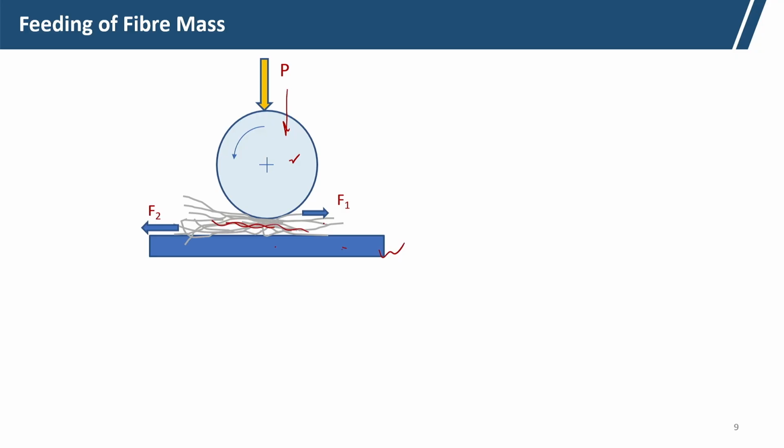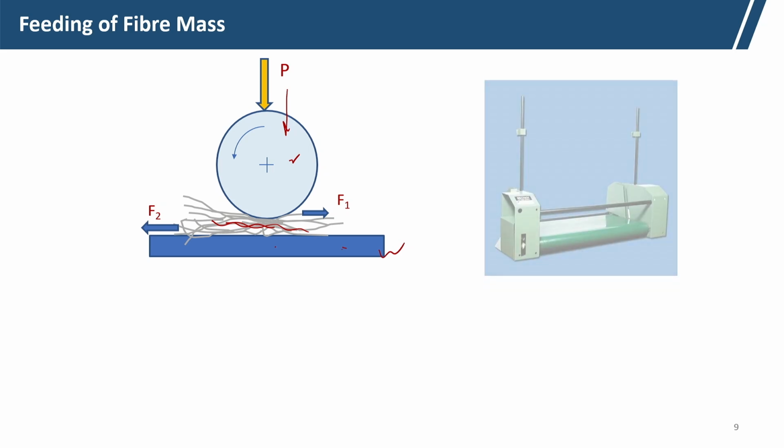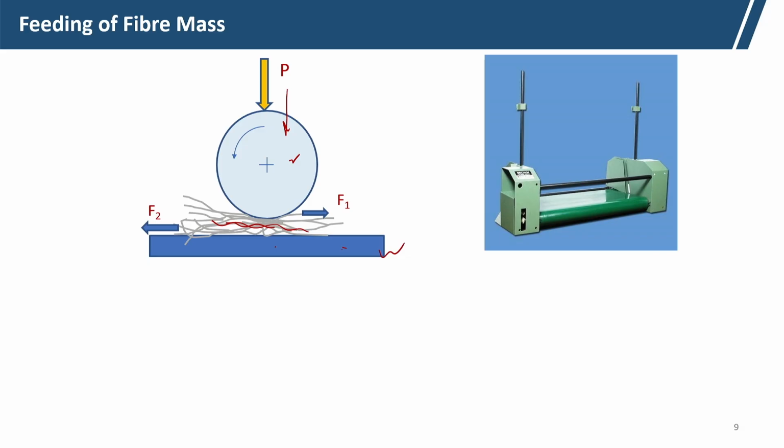Fibers are placed in between, it is feeding, and it is pressed against that. Here the feed roller is moving in the anti-clockwise direction, that means it is trying to feed the fiber from left to right side.